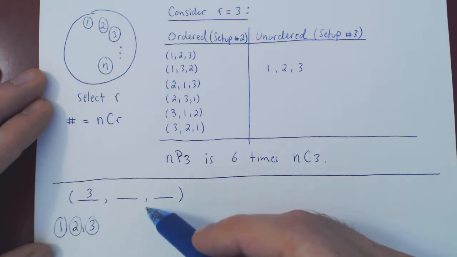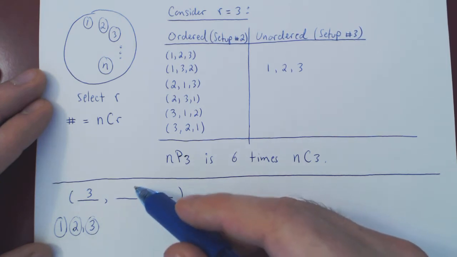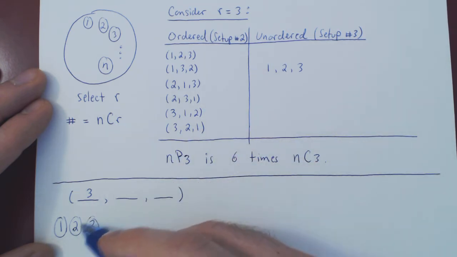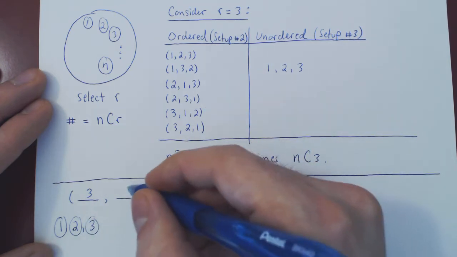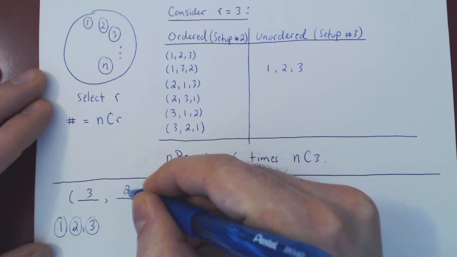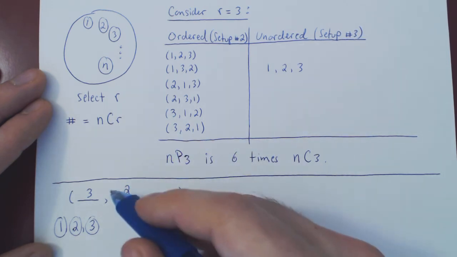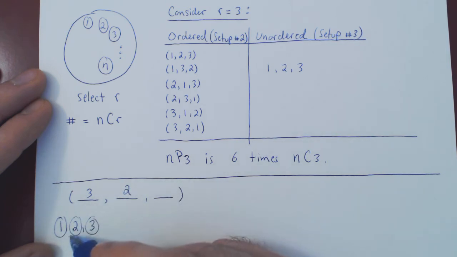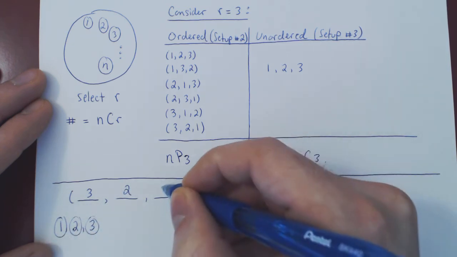Because it is without replacement, this ball can't be used again for the second pick, so it's gone, which leaves us with only 2 options for the second pick. But once you pick the first and the second, then 2 options are gone, which leaves you with a single ball.